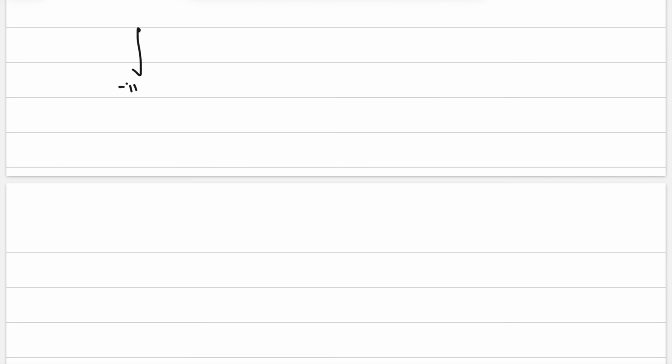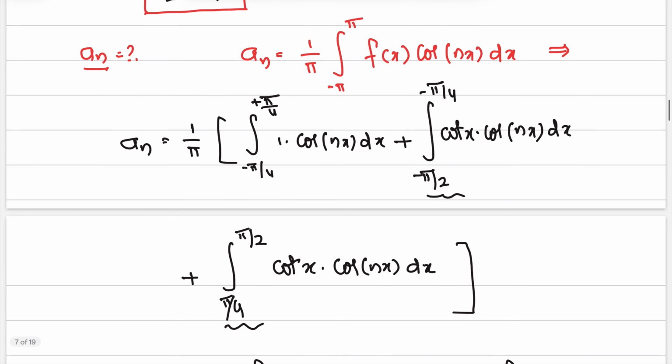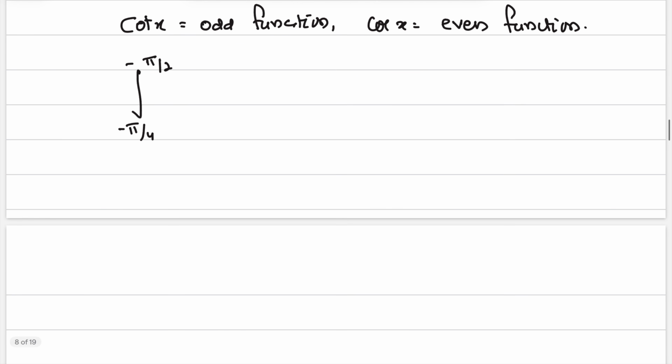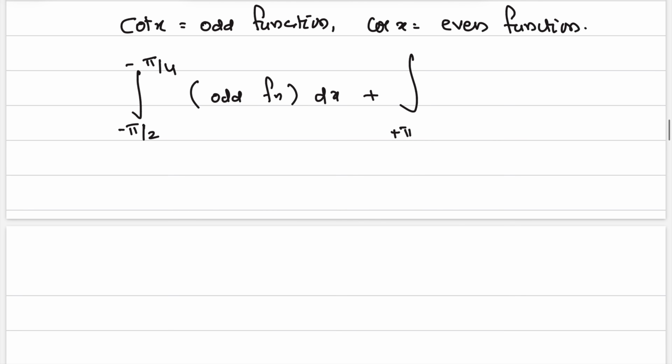Hence the integral from minus pi by 2 to minus pi by 4, sorry, of some odd function into dx plus the integral from pi by 4 to pi by 2 of some odd function dx is equal to 0.